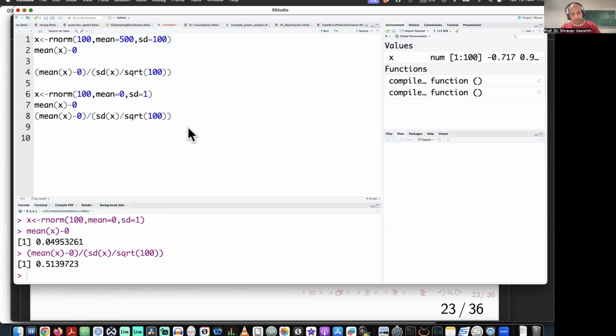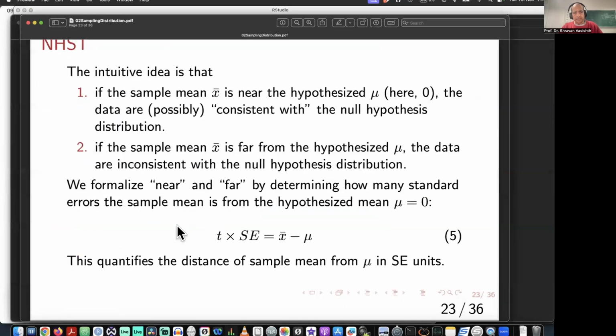So the upshot of all this is that what we really want when we compute distance is to compute the distance on the same scale, in the same unit. And the unit that we are going to compute the distance in is the standard error.